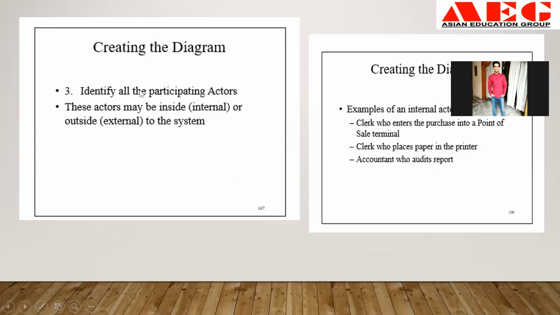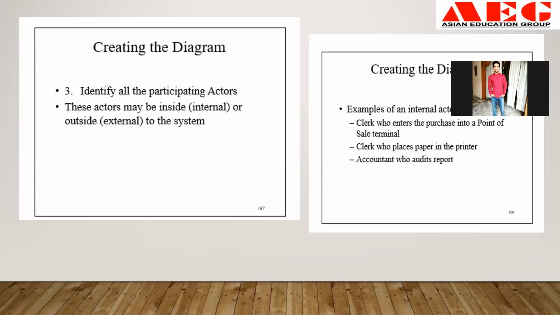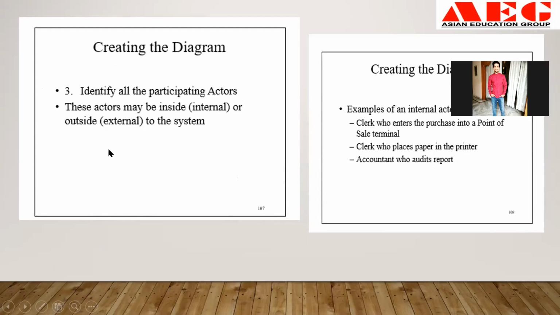Then third, identify all the participating actors. First, you have to find the external actors and external events. Then you have to find the internal actors of the system as well. So third is identify all the participating actors. These actors may be inside or internal, or outside or external to the system.